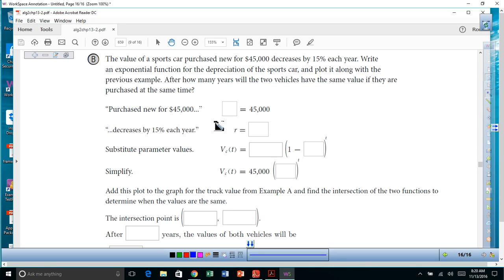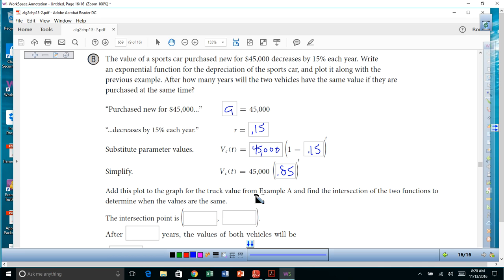So if it's purchased new for $45,000, then A equals $45,000. If it decreases by 15%, so r equals 0.15. $45,000 times 1 minus 0.15, well, 1 minus 0.15 is 0.85 to the t.